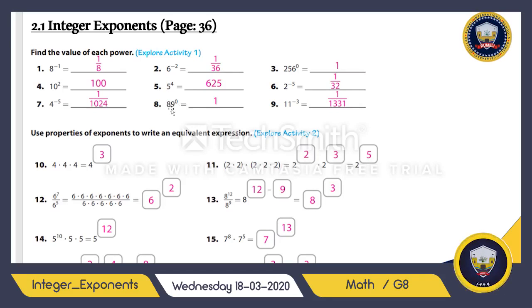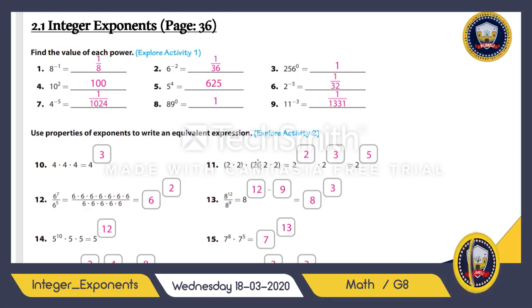Any number raised to the power of 0 is always 1. 2 to the power of minus 5 is 1 over 2 to the power of 5. 2 to the power of 5 is 32, so my answer is 1 over 32. 11 to the power of minus 3, it is 1 over 11 to the power of 3. That is 1 over 1331.